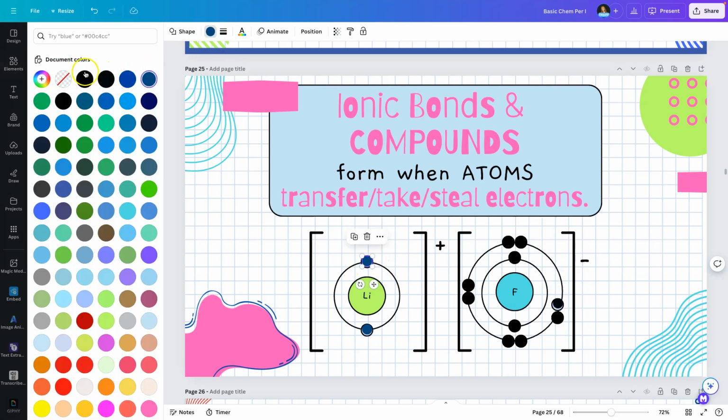Tell me how you would know which one gained and which one lost an electron. But you can't. This one has 2 and this one has 8 in its outer shell. So they're both perfect. How can you tell? There's an answer.